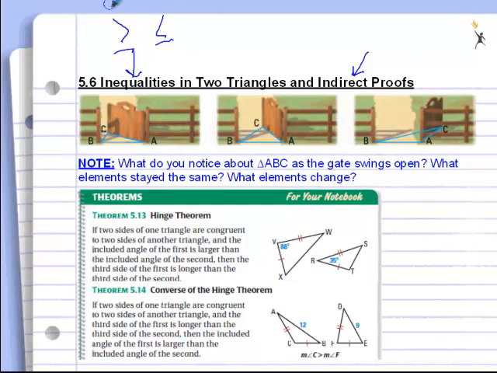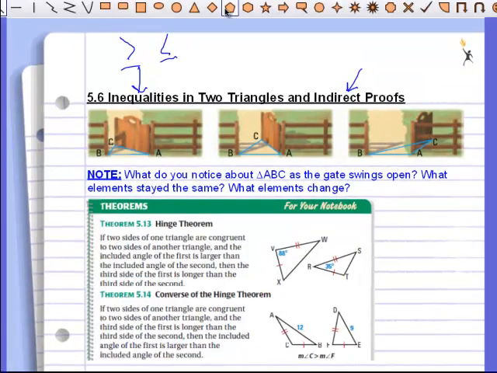First notice how AB does not change. In all three images, AB is the same size. And the reason AB is the same size is because AB represents the width of the gate. The gate didn't change. What you'll notice is the door swung open.